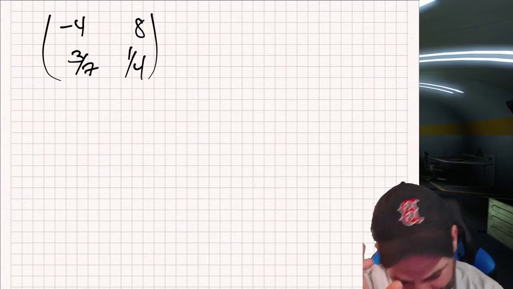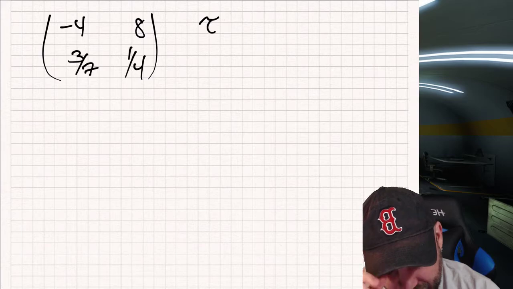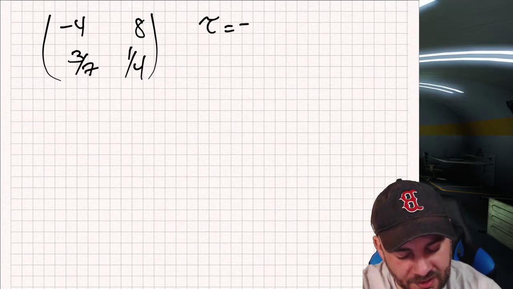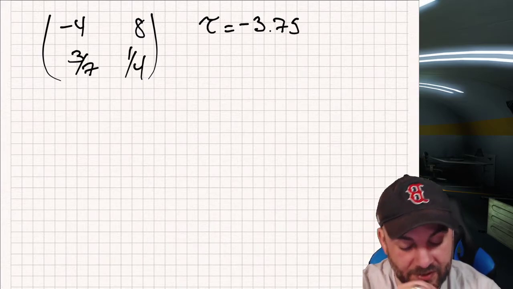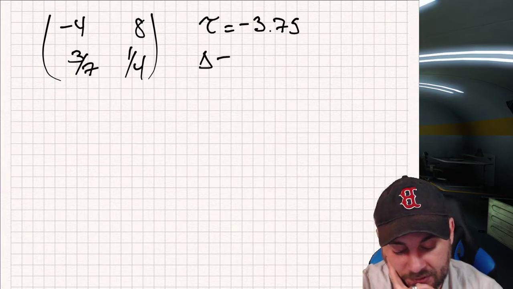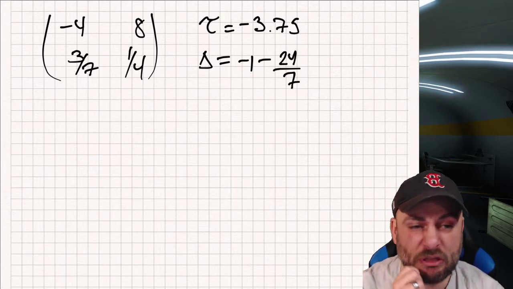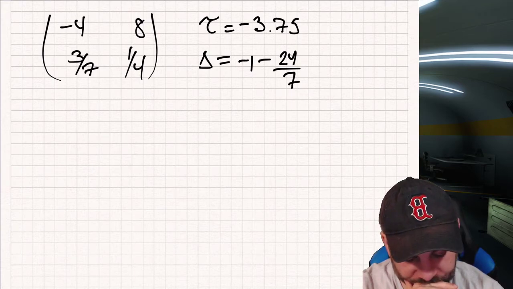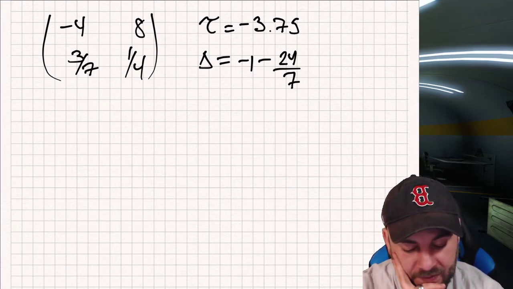Cool. That's stupid. So what is my trace? My trace is negative 3.75. What is my delta? What is that? Negative 1 minus 24/7. Yeah, that's right. Okay.